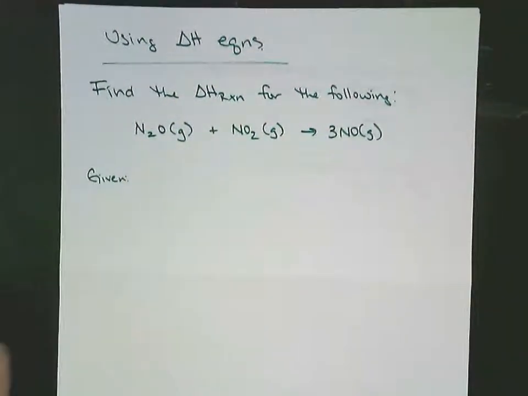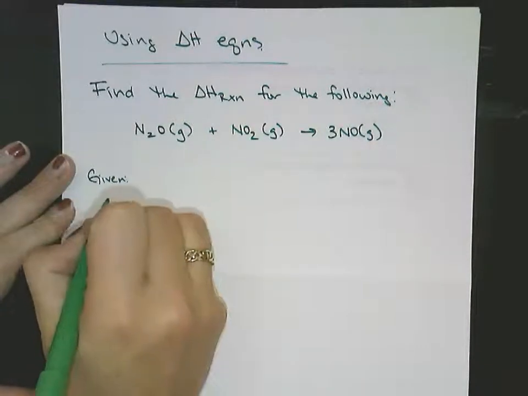All right, so I want to find the delta H reaction for this: dinitrogen oxide and nitrogen dioxide makes 3 nitric oxides. And we're given the following equations.